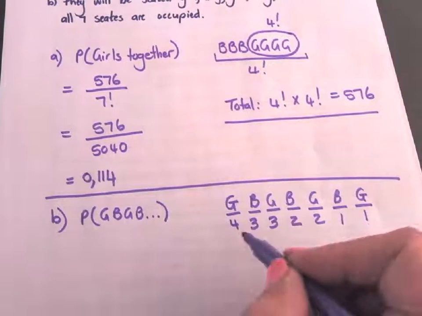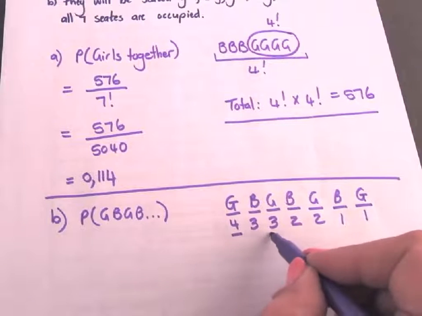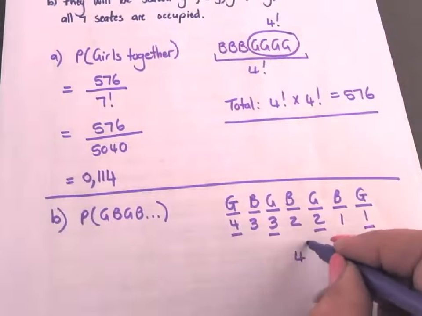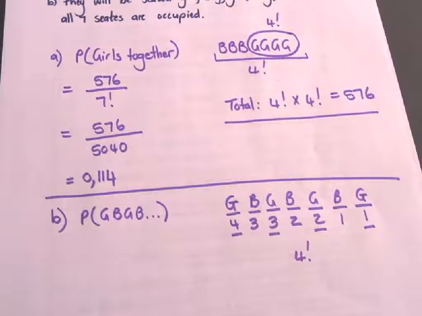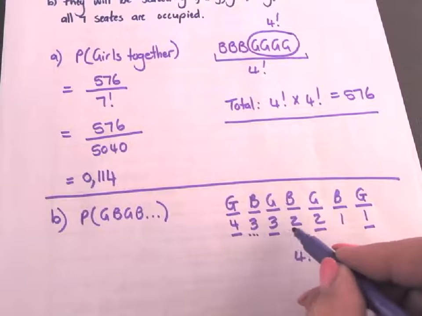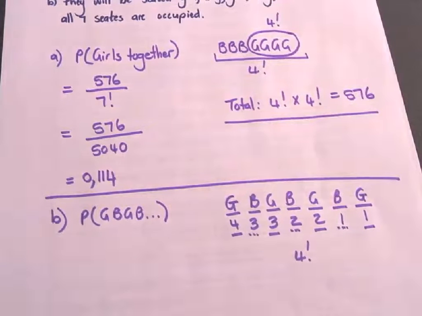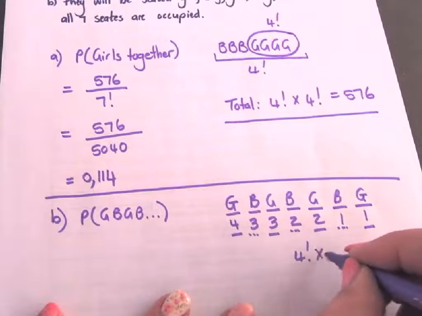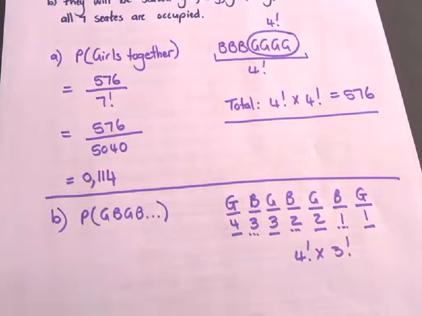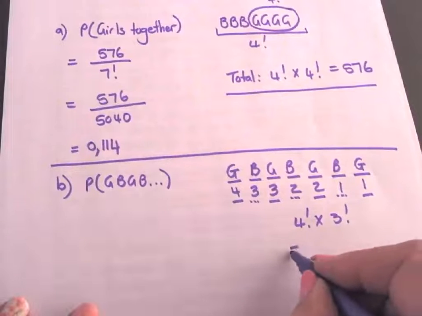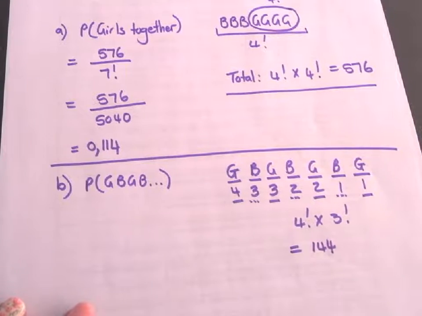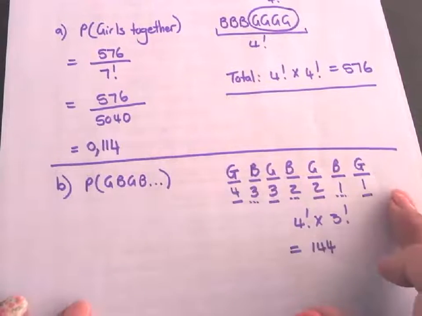Now can you see that this is actually 4, 3, 2, 1. So that is 4 factorial. And the boys are 3, 2, 1. And that is 3 factorial. In total we have 144 if they sit like this.